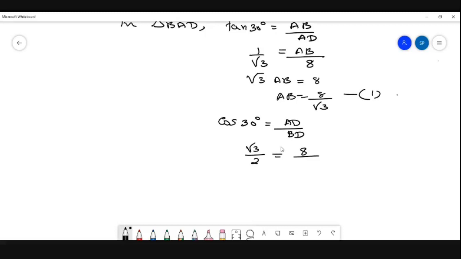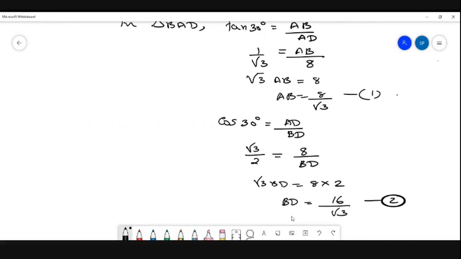AD is 8, divided by BD. Root 3 BD equal to 8 into 2. BD equal to 16 divided by root 3. Equation number 2.